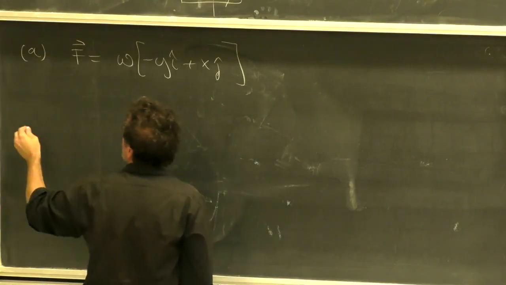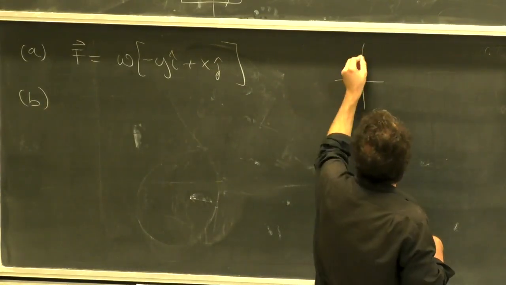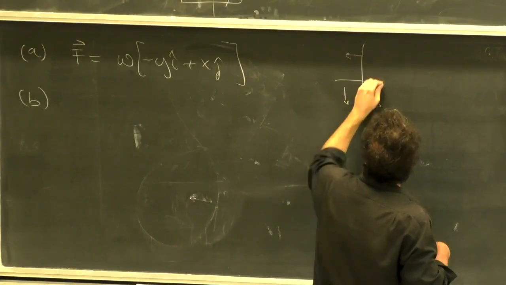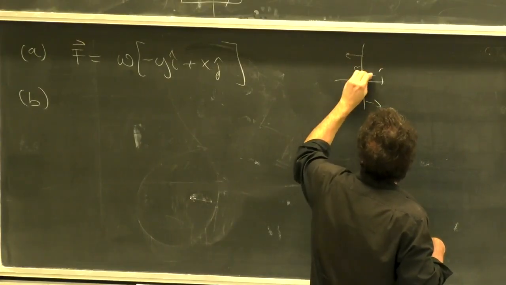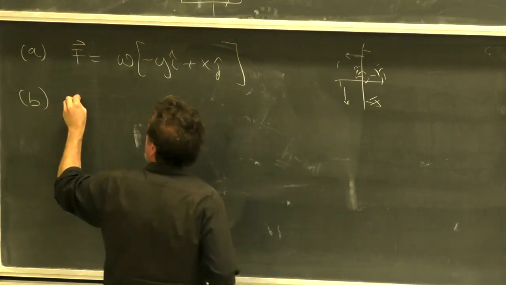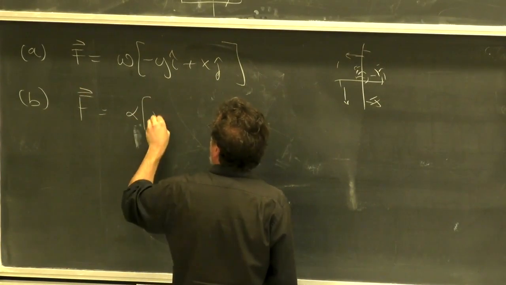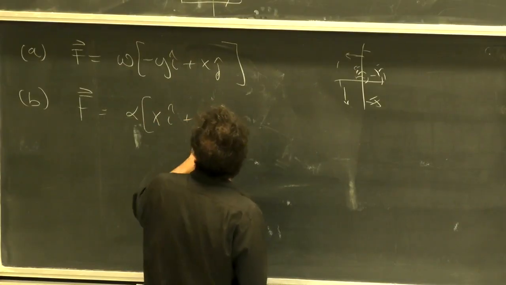And that's, remember, the circulating vector field. This is the one that went around and around. The vortex. And then F equals alpha x i hat plus y j hat.